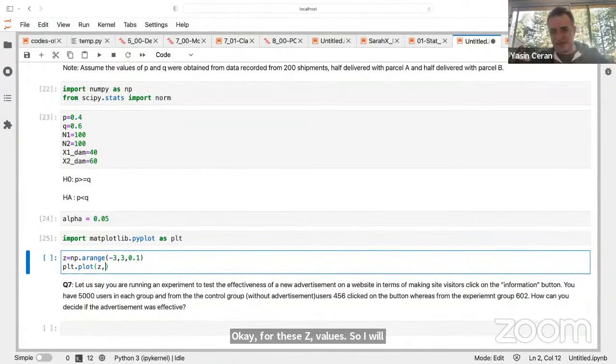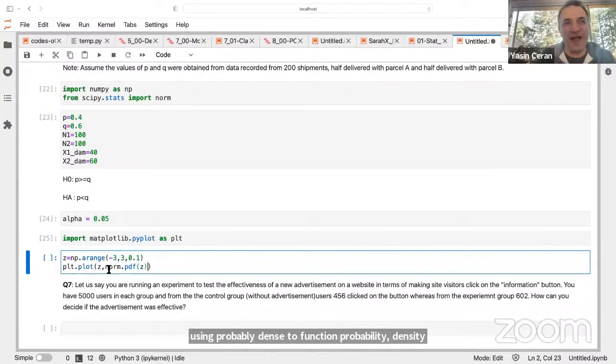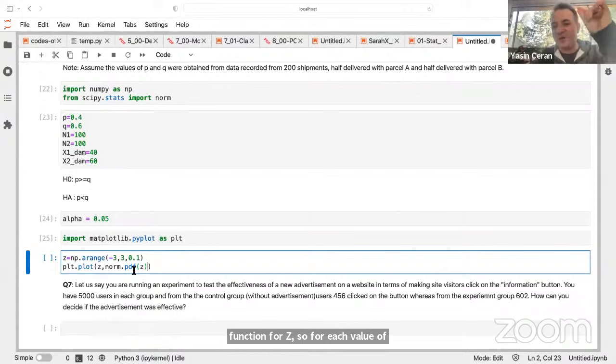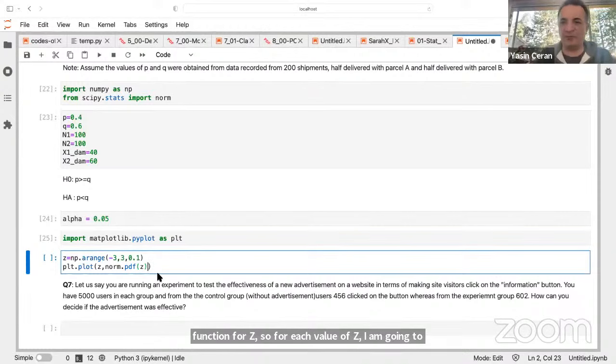Z is the x-axis, and for the normal distribution I'm using the probability density function. For each value of z, I am going to find the density function value from a standard normal distribution.